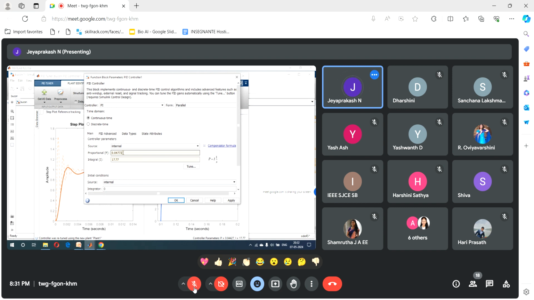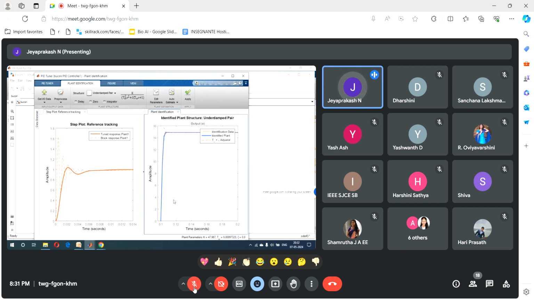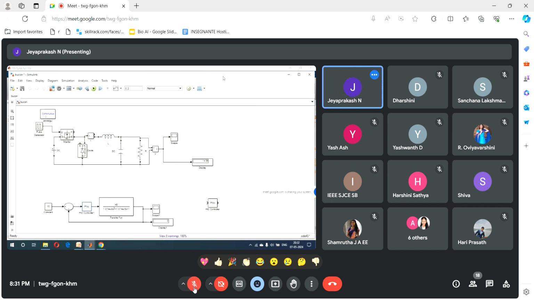So after tuning you can apply these values. Now I have tuned my PI controller.